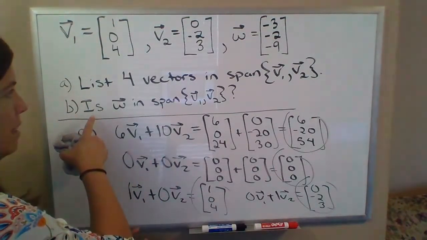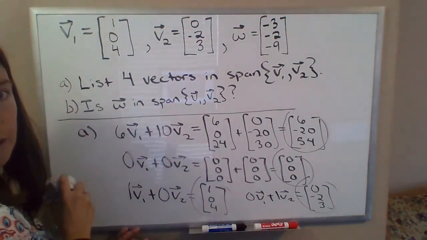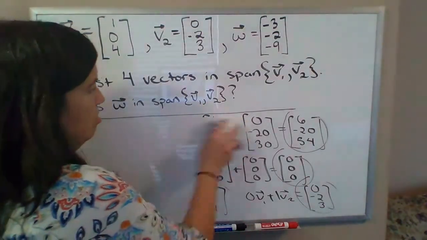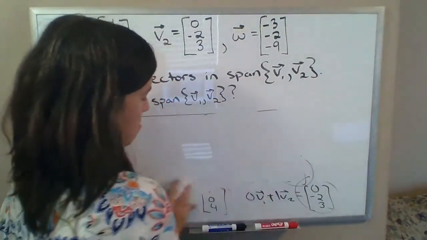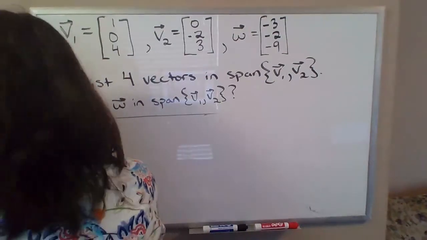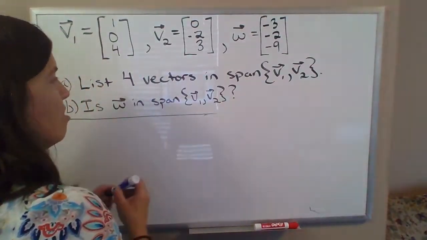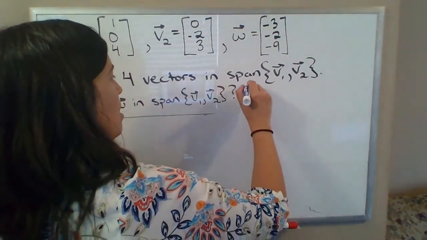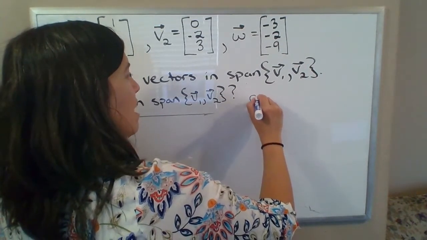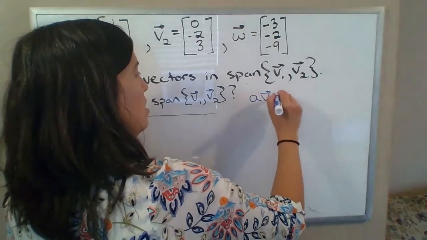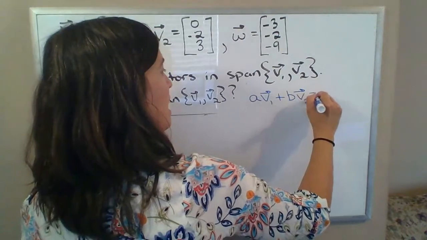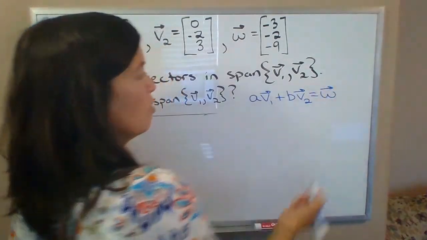Now part B. Is w in the span of v1 and v2? So I'm going to get rid of part A here so that I can work on part B. If we're trying to determine whether w is in the span of v1 and v2, that means we're asking ourselves, can we write some scalar, let's say a times vector 1, plus some scalar, let's say b times vector 2, and get the vector w as a result.